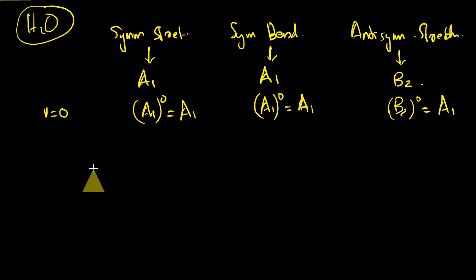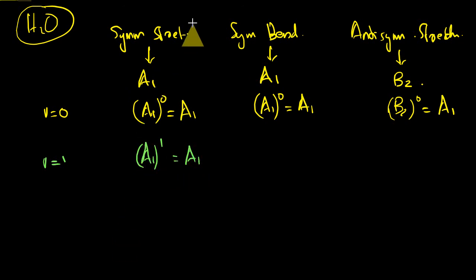Now this molecule in the ground vibrational level can absorb radiation and make a transition to the next vibrational level, that is the V is equal to 1 state. This is an excited vibration level. Its symmetry will be A1 raised to 1. A1 is the symmetry of the normal mode here, and A1 raised to 1 is equal to A1 itself.